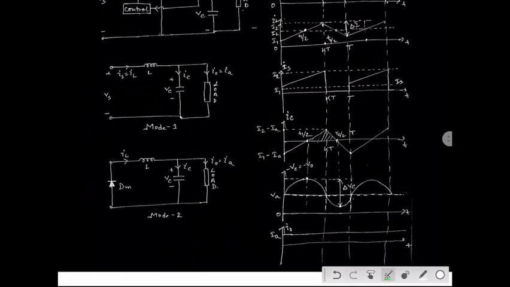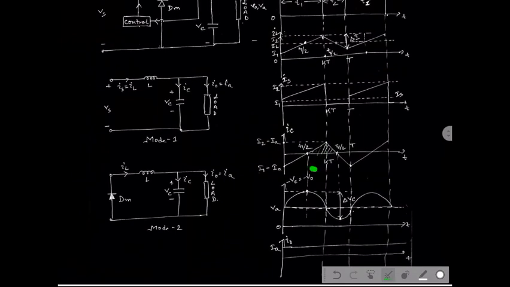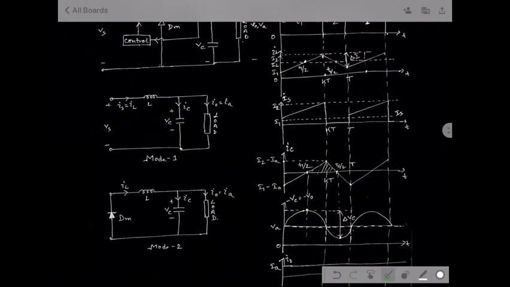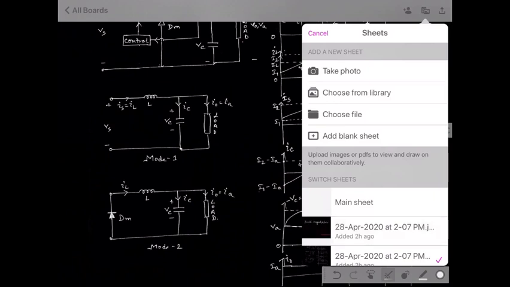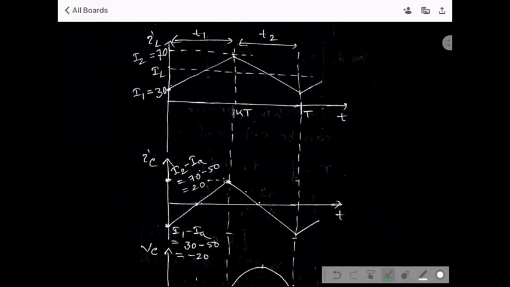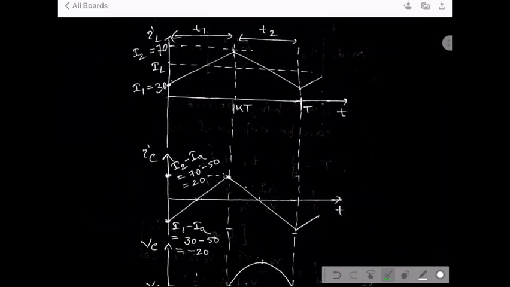Okay, now go through this diagram. Before going into this, the voltage appearing across the capacitor, we should put an example here, otherwise we cannot easily understand the thing. See, I am putting an example here.